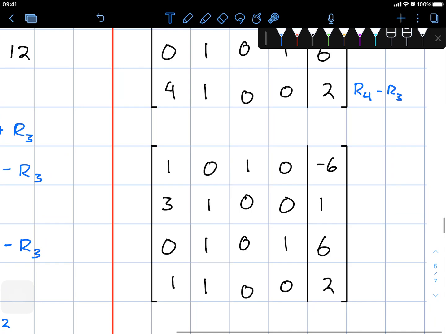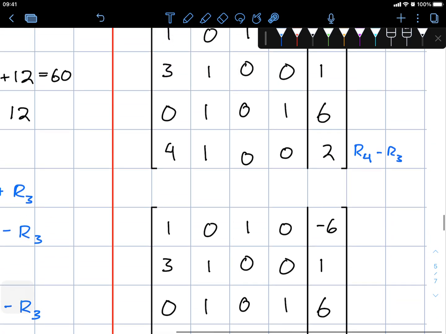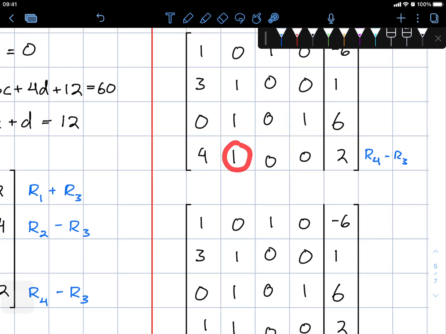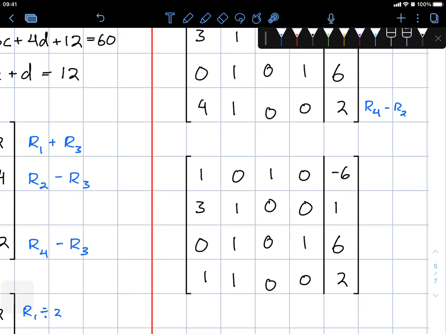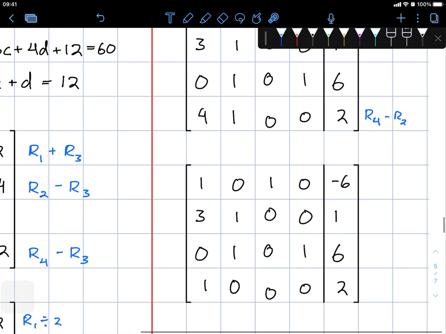And since we subtracted, it'll also be 1 take away 1. So I just realized that should have been row 2. So 1 take away 1 will give me 0. And 2 take away 1 will give me 1.